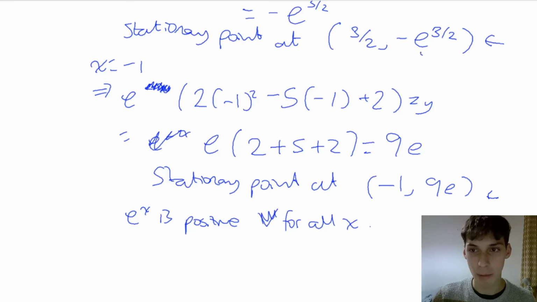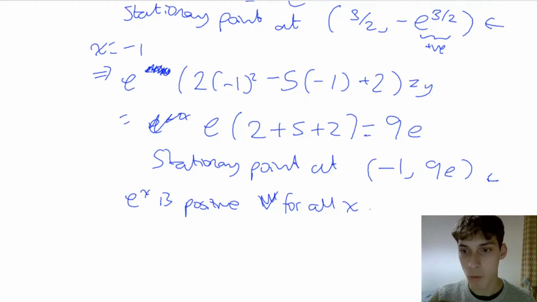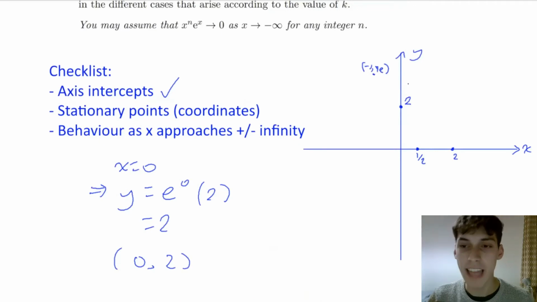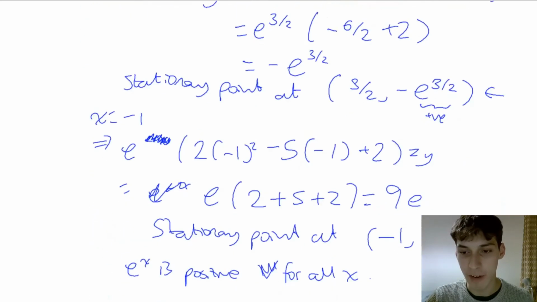It's minus a positive value. Okay, so let's mark those on. So we have minus 1, 9e as one of them. So that's going to look something like this. And of course it doesn't have to be exactly to scale, like obviously 9e is quite a bit bigger than 2, but I can't fit it on the graph. I'm going to make the most of it, and I can always copy it down quickly at the end to fix the scale if I need to.